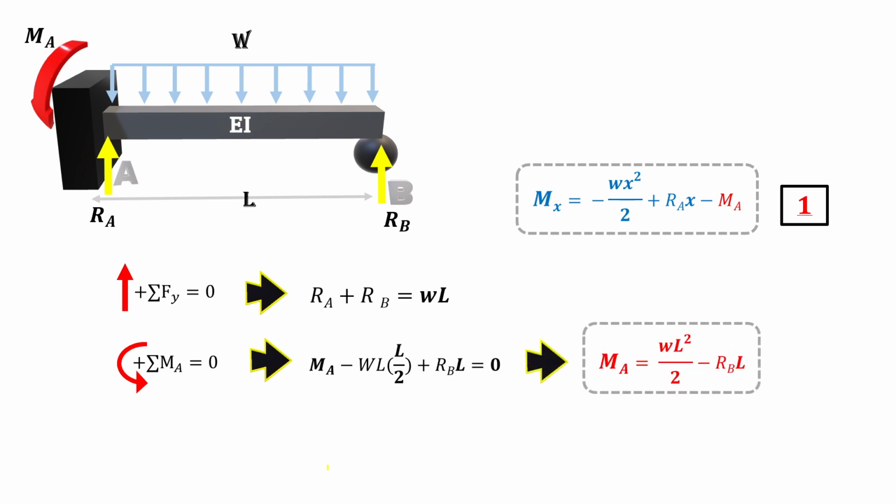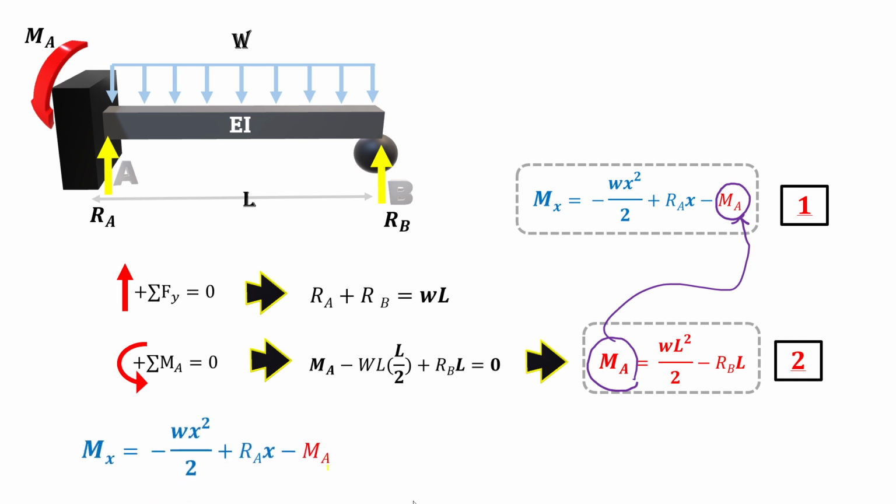In such a case, we have an equation for our MA, and if you remember, in the first equation we also have MA. If we call this equation 2 and replace it in equation 1, with our MA replaced in equation 1, we rewrite the equation for Mx like this.